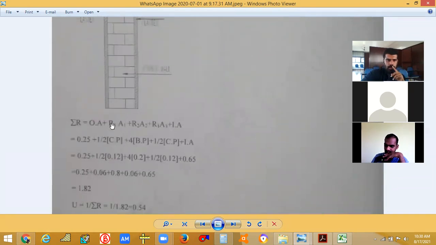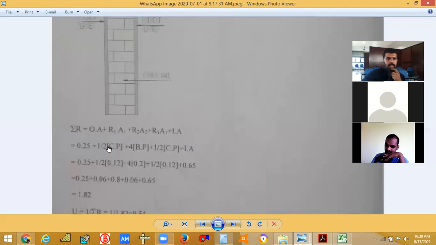Half. So half inch cement plaster plus 4-inch brick plus half-inch cement plaster plus inside air. So you'll be getting 0.25 plus half into 0.12 plus 4 into 0.2 plus half into 0.12 plus 0.65. Correct? Because half-inch cement plaster.